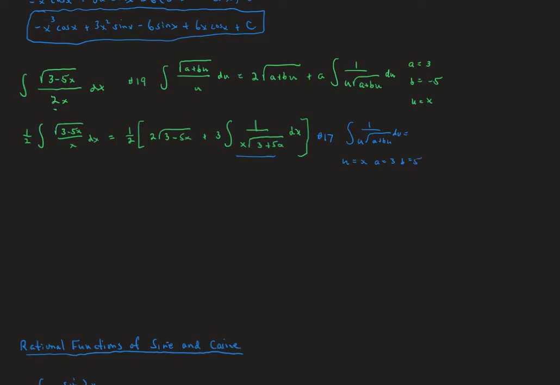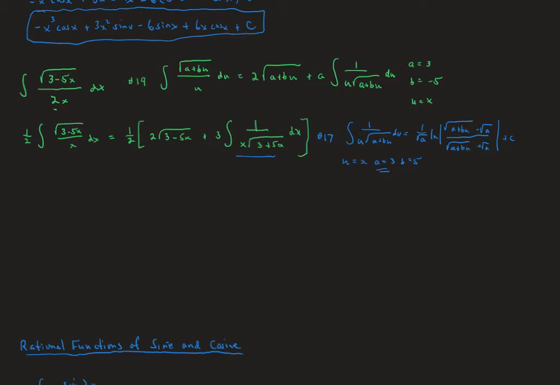So we get a choice. We have these two branches, and the a greater than 0 branch, which is what we have, is that upper one. So that's going to become 1 over the square root of a times the natural log of the absolute value of the square root of a plus bu minus square root of a all over square root of a plus bu plus the square root of a.